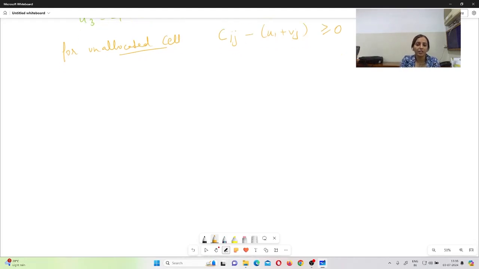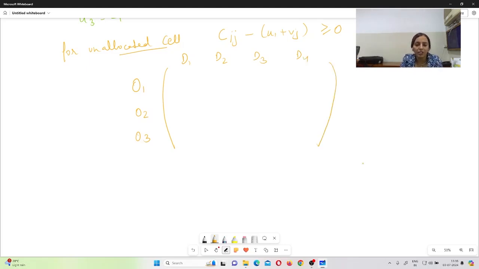So write down the matrix first of all, with O1, O2, O3, and now we have to write down only the unallocated cells, right? Write it over as D1, D2, D3. The point is that we have to write down all the tasks, either T1, T2, T3, that doesn't matter.